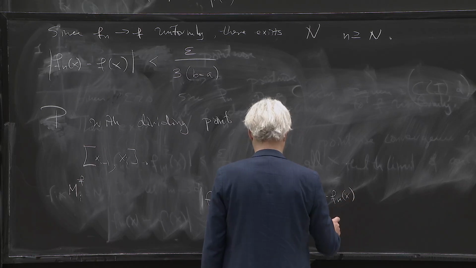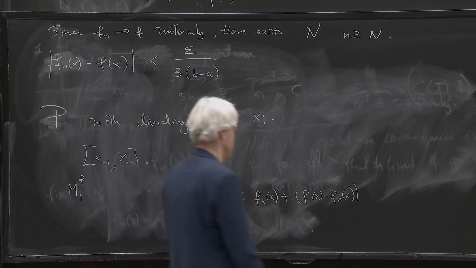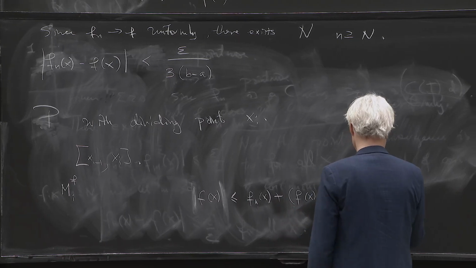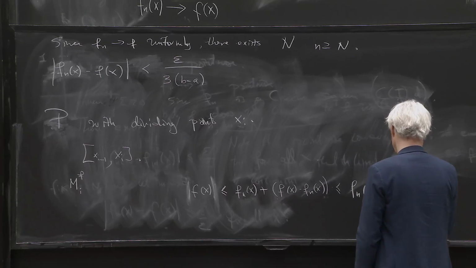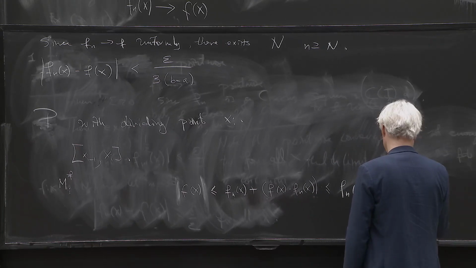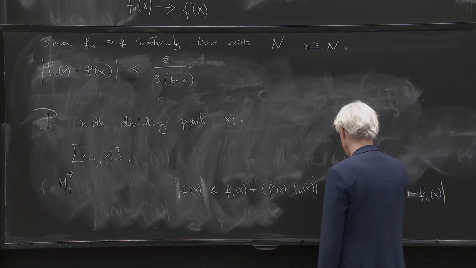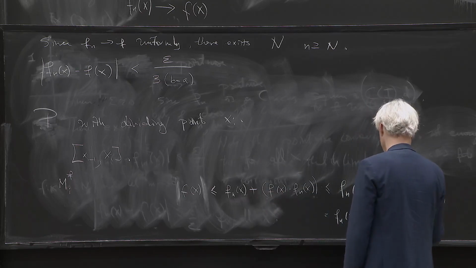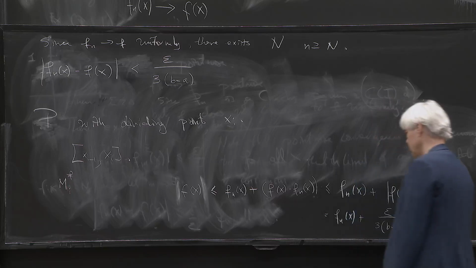Right. And so this means that this thing here is less or equal to fn of x plus the absolute value of this difference, and this here is just epsilon over 3(b minus a), right?